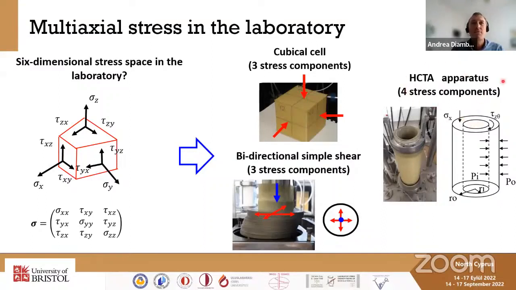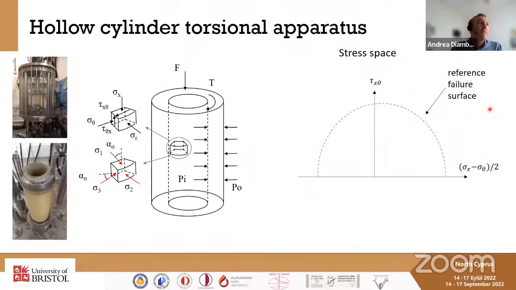In the next few slides, I will concentrate on the hollow cylinder apparatus. As we understood from the previous presentation, it is similar to a triaxial test, but now the sample, as the name says, is hollow cylindrical.